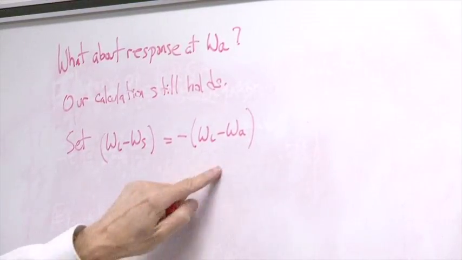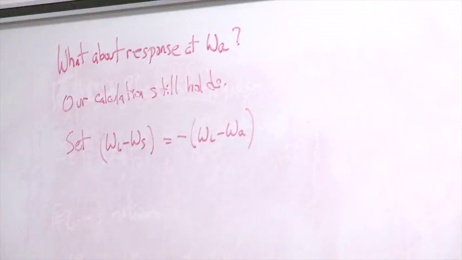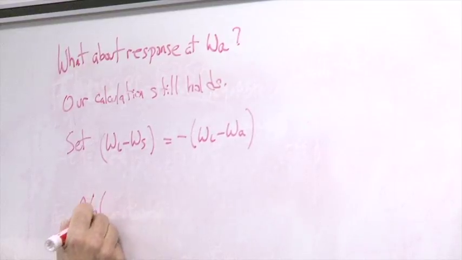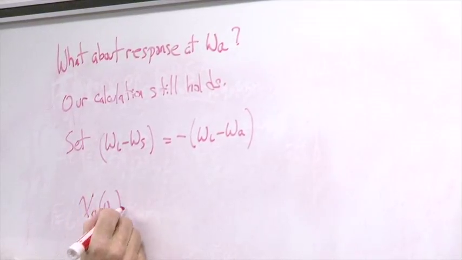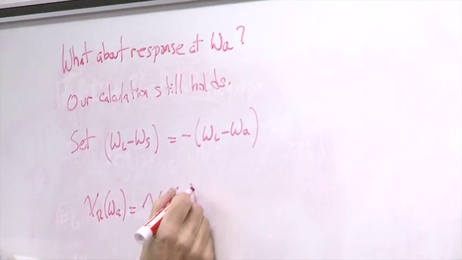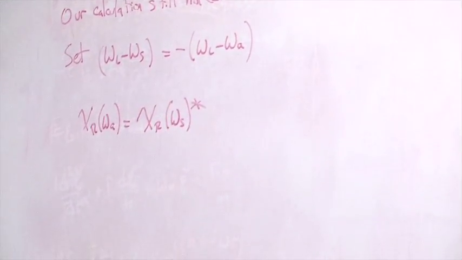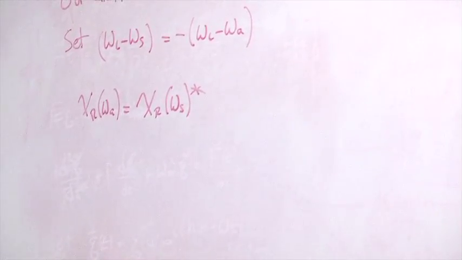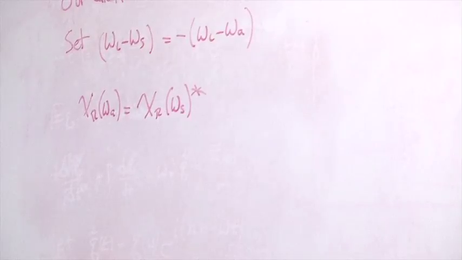So this is the opposite sideband. And you look at the equation I just erased, and this tells you that chi Raman at omega A is chi Raman at omega S complex conjugate. So the real part stays the same, but the imaginary part changes sign.